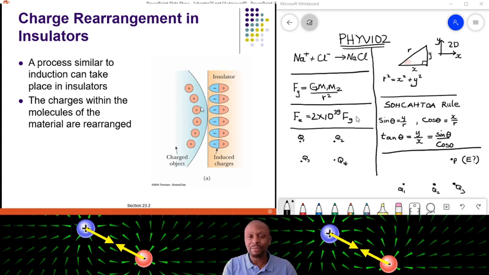However, if this was a negatively charged sphere, the opposite would happen. Now, in the case of the insulator, when you put the insulator in the region of an electric field, you are inducing a dipole, because you have negative as well as positive charges.